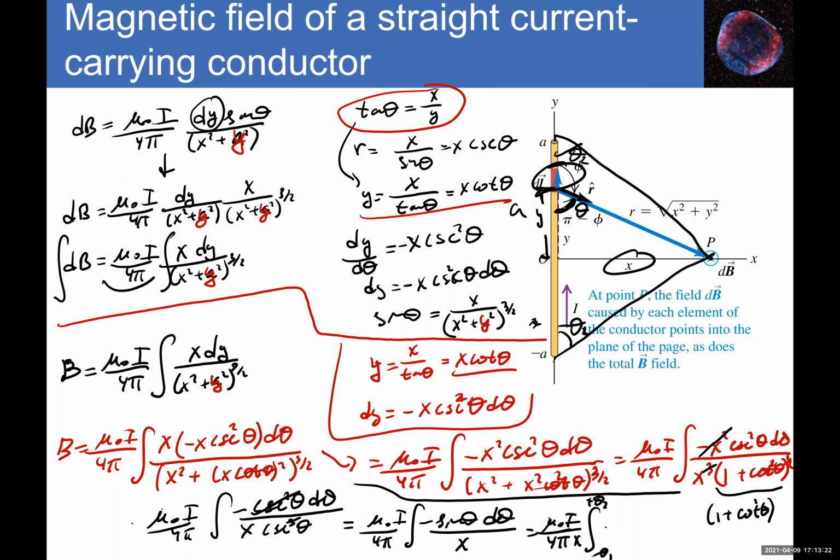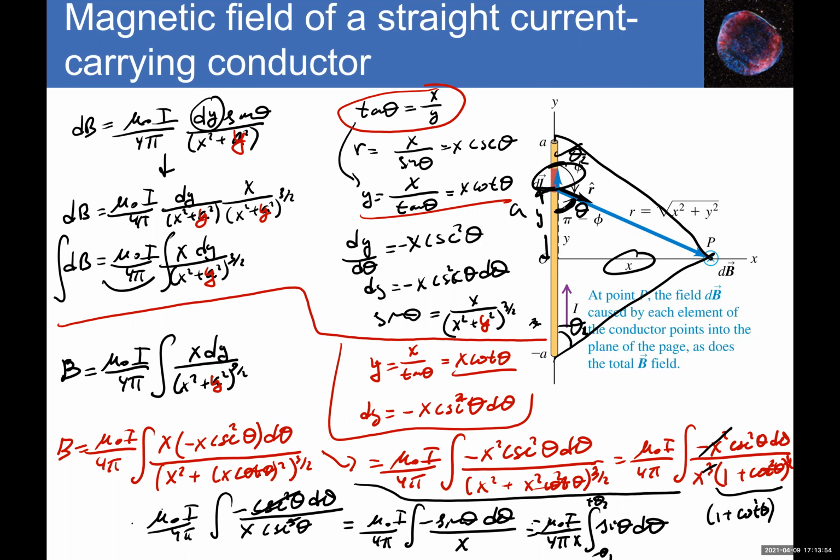So basically doing that, then sine of theta d theta. Let's not forget the negative. When I get this integral, sine theta d theta, I'm going to get negative cosine theta, and that's going to cancel out the negative.